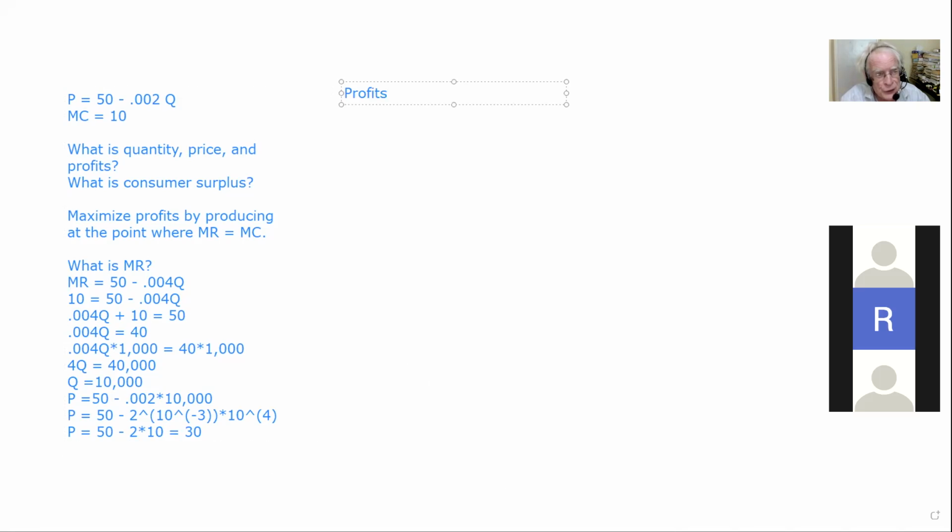So what are profits in this case? It is the same as the revenue, because there is no marginal cost. It will be 10,000 multiplied by 30, so it will be 300,000. Oh, sorry, marginal cost. It's all right.